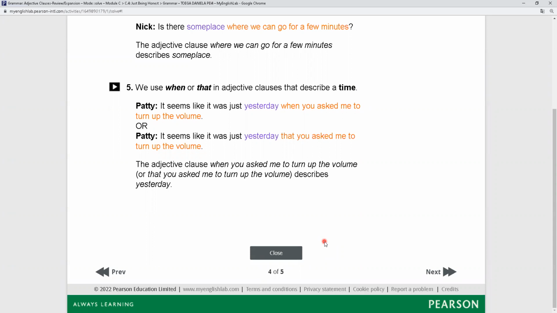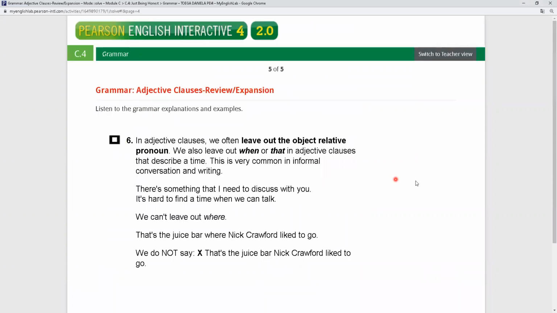When I'm going to describe a time, we're going to use when or that, right? So in this case, I'm talking about yesterday, and my relative pronoun is when. And my adjective clause is giving me more information about yesterday. Or I can use that, though it's more informal than when. Okay, super. All right, and let's finish with the last point.